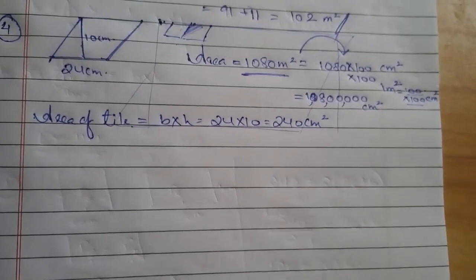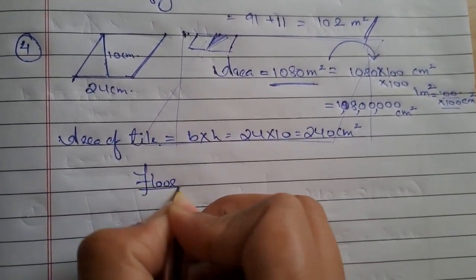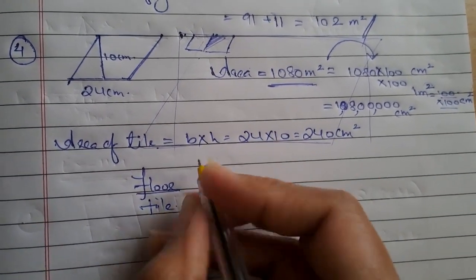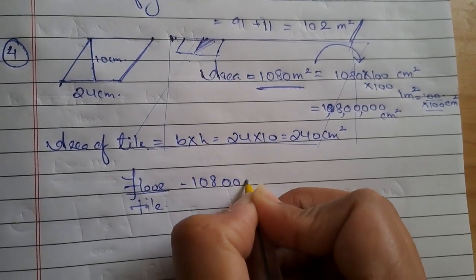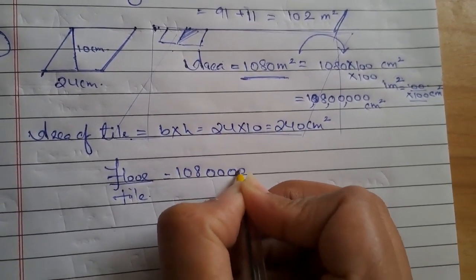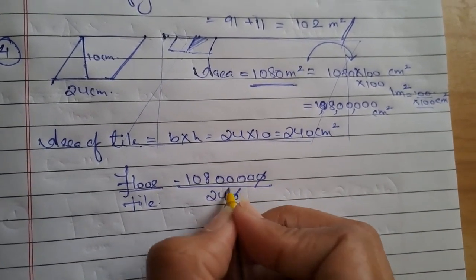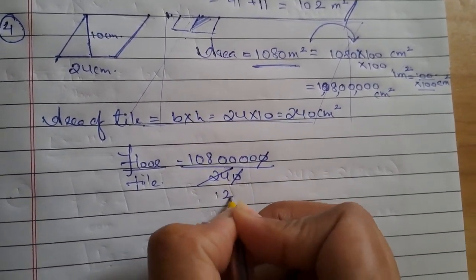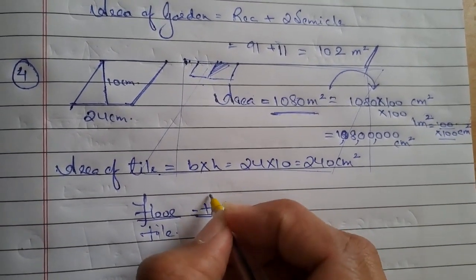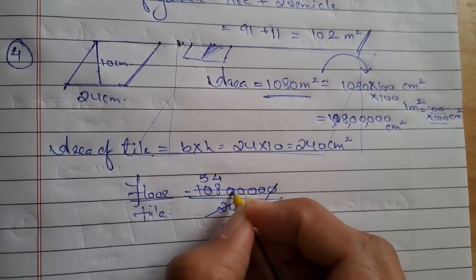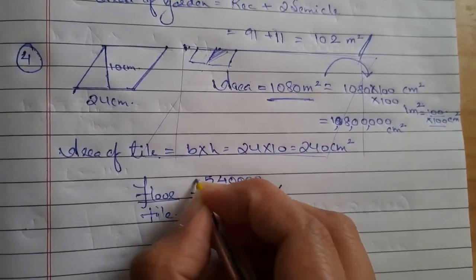Okay, now divide both of them. The area of the floor by the tile, when you do it, it becomes 10,80,000 by 240. Zero is gone. 2 12s will go. 2 5s, 4 times. 6 times.